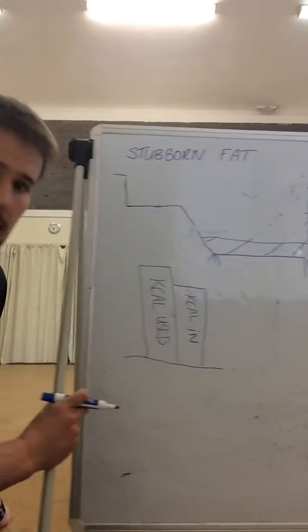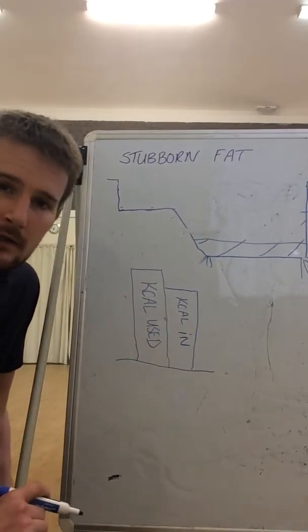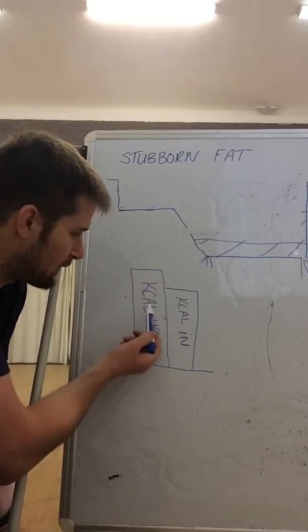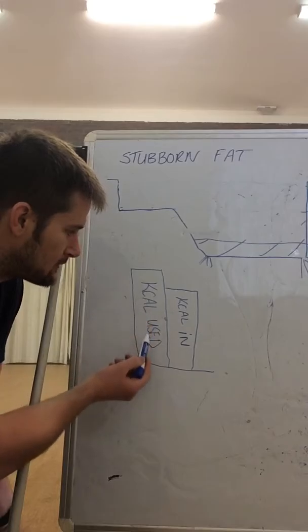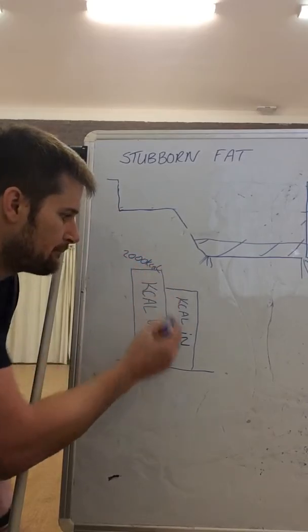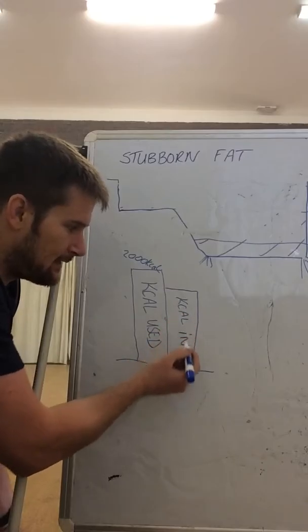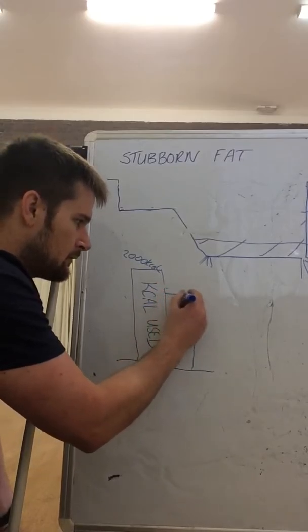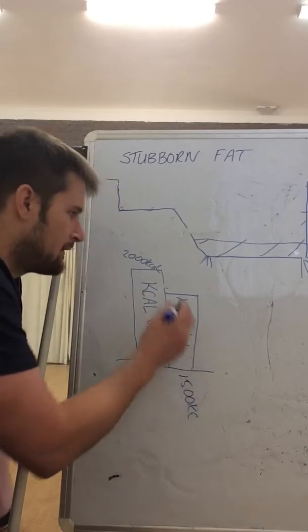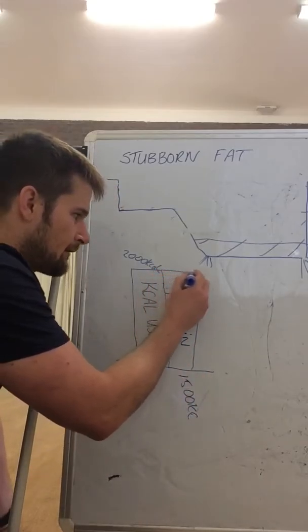Okay, so again, if you just have a look, just a quick little graph. So here I've got a graph. This is the amount of energy I'm using. So for instance, if I'm burning 2,000 calories a day, but I'm only taking in or eating like 1,500 calories, 1,500 kcal, that means there's a 500 calorie deficit here.